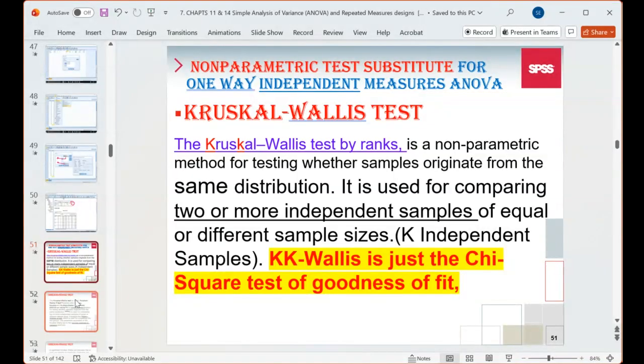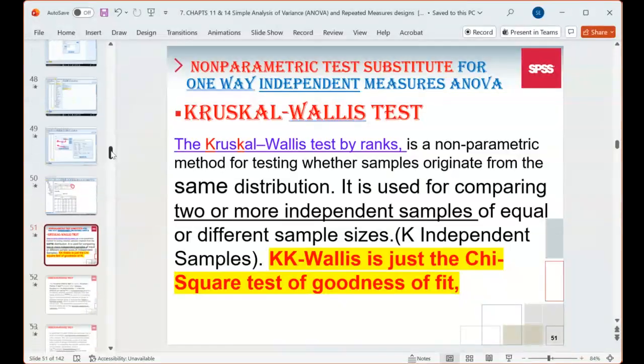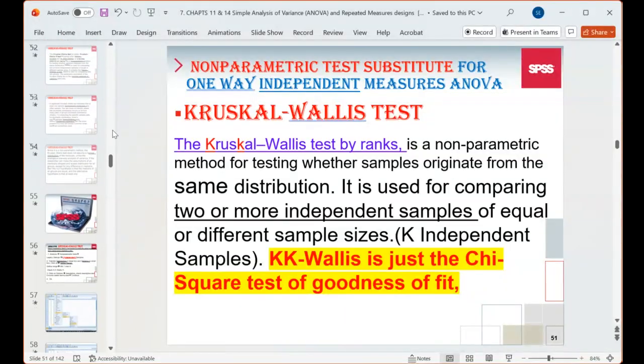There's one, and it's called the Kruskal-Wallis test by ranks, or K-Wallis for short, which is just a chi-square test of goodness of fit. We will talk more about this in advanced statistics. What is chi-square, which is the best non-parametric test. The only non-parametric test that we're going to manually calculate will be chi-square.